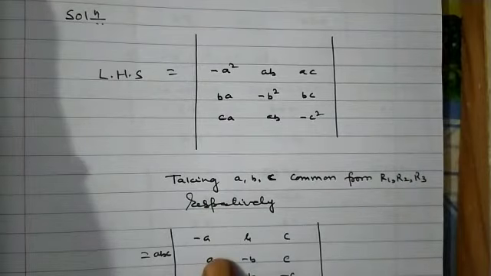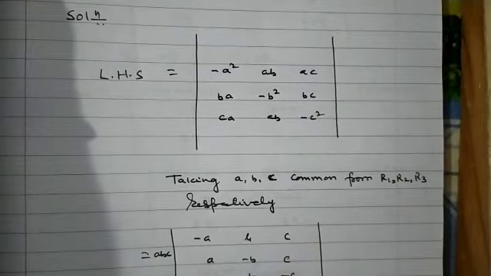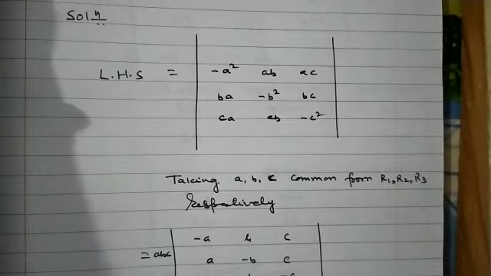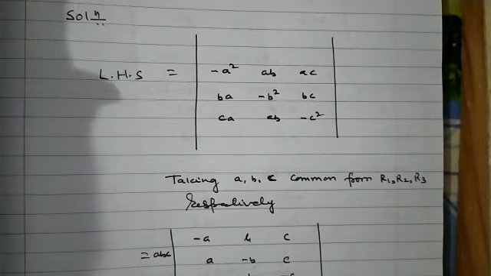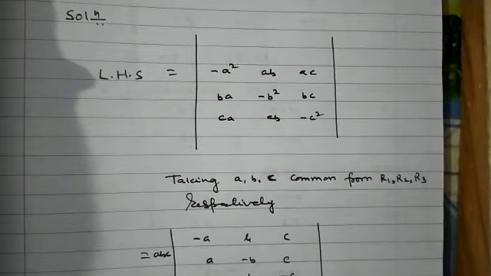Now the determinant is in the form of abc times the determinant with rows minus a, b, c; a, minus b, c; a, b, minus c. Now you can think of adding R1 and R2, so that two entries of a row will be 0. Adding R1 and R2, we have minus a plus a is 0, b minus b is 0, and it is 2c.